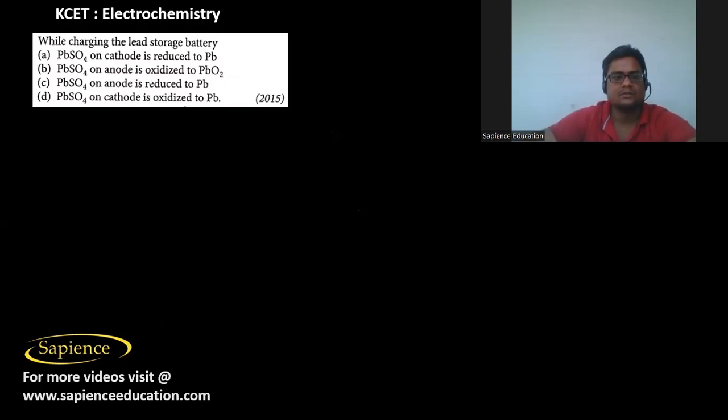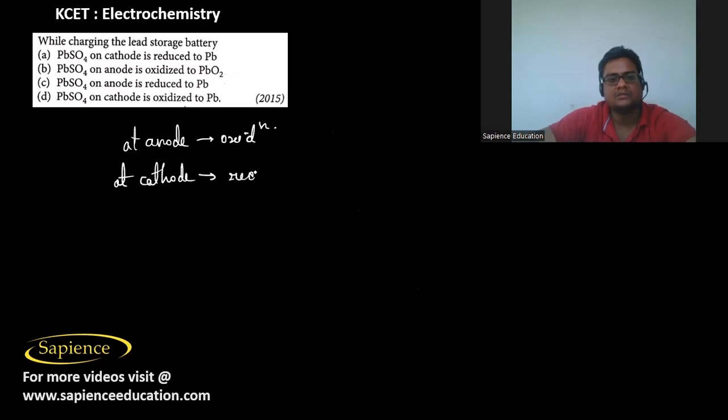Then here it is told, while charging the lead storage battery, what happens? So we know that at the anode there is always oxidation, and at the cathode there is reduction.